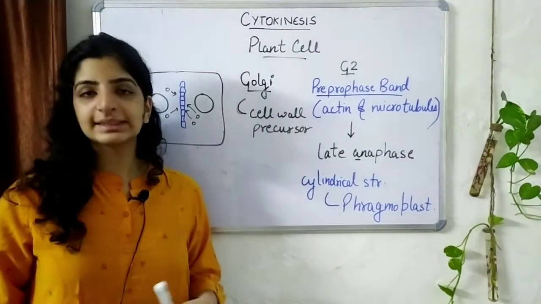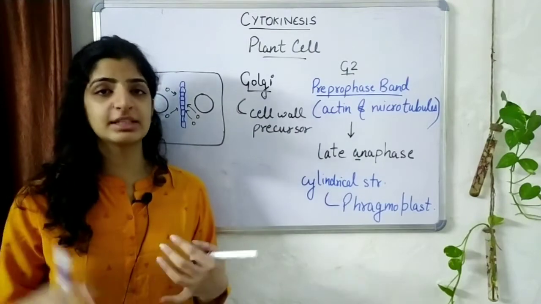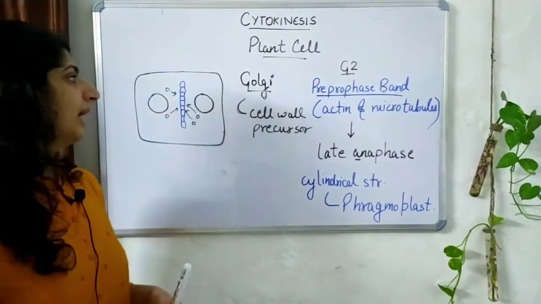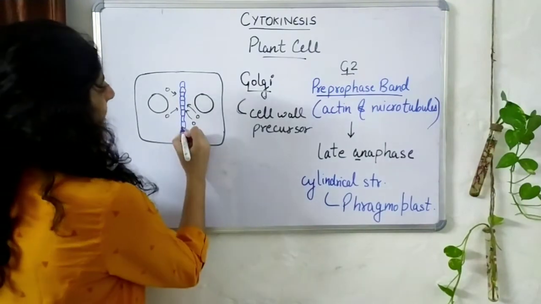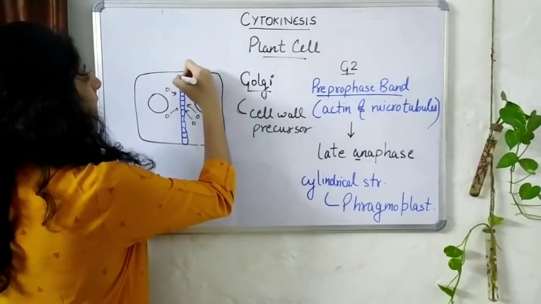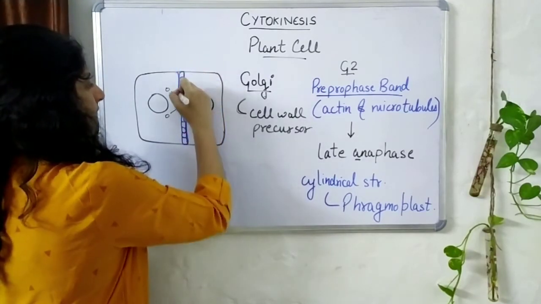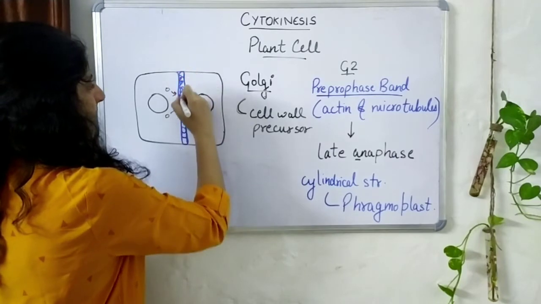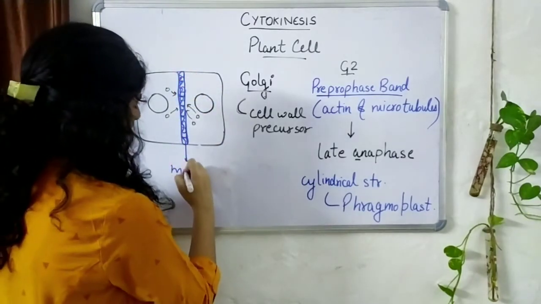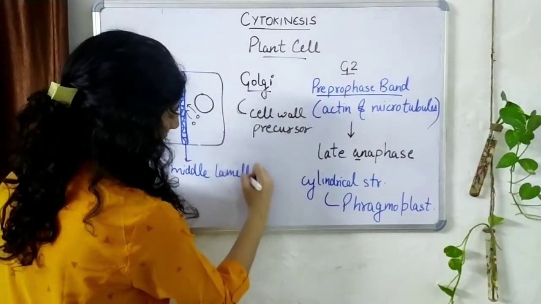As the cell wall precursors are laid down, there will also be the presence of microfibrils, the polysaccharides, the cellulose that is needed for the cell wall, and finally at the end, this will fuse to both sides, and this region will then become the cell wall and the middle lamella part of the cell.